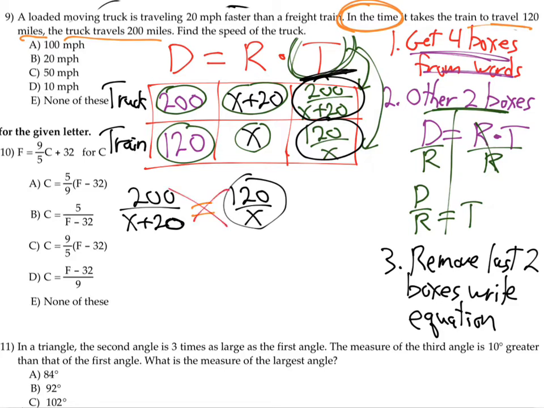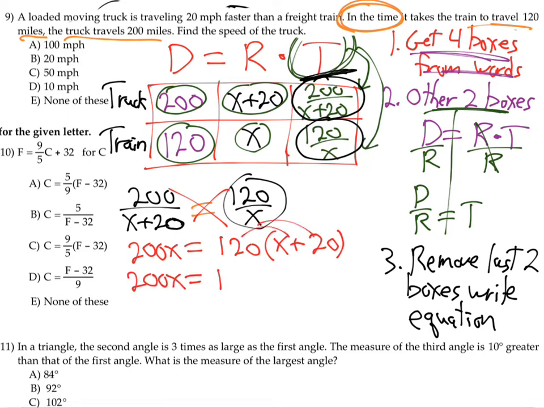So we go diagonal, diagonal. 200x is 120 times x plus 20. 200x, distribute. 120x plus, what's that, 2400? X is saying what he's always saying. I want to be alone. So what do we do? We have x on both sides. Subtract one of them.